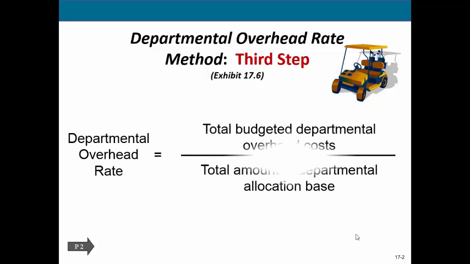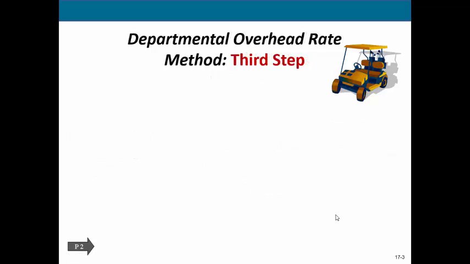So now we can begin to calculate our two departmental overhead rates. So the math here is no different than what we were doing when we were using a single plant-wide rate. All we've done now is split into two different departments, and we're calculating an overhead rate for each of the departments. So we're going to do this by taking the total budgeted departmental overhead costs. So what portion of that original $4.8 million goes to which department, and then divide by the bases that we just got on the previous slide.